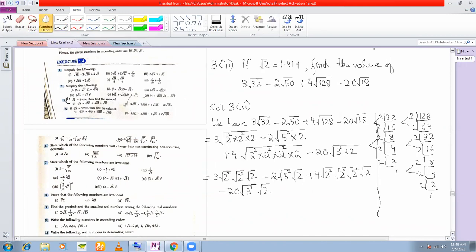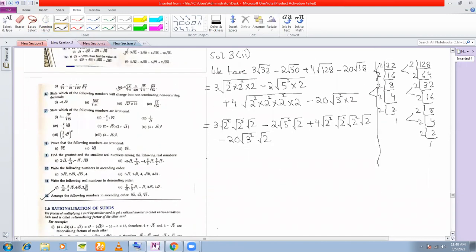Okay, so now we are going to see that root 2 square is nothing but 2. So this becomes 3 into 2. Again, root 2 square is 2. And this is minus 2 root 5 square, this is 5, and this is root 2. Plus 4, this is 2 into 2 into 2 into root 2, minus 20 into 3 into root 2.